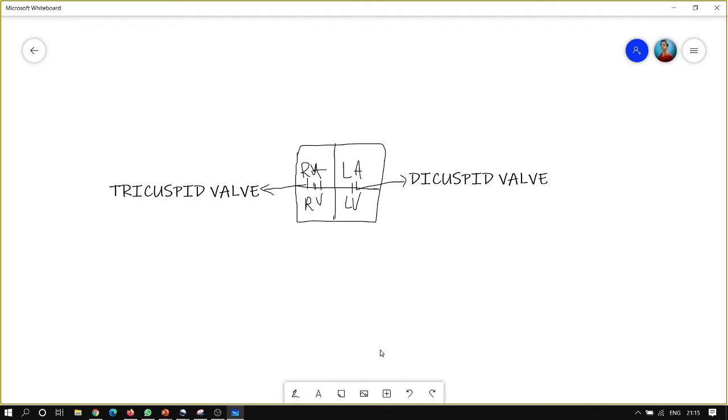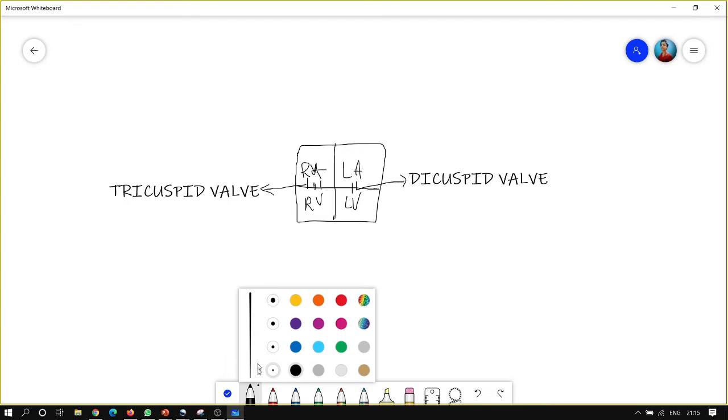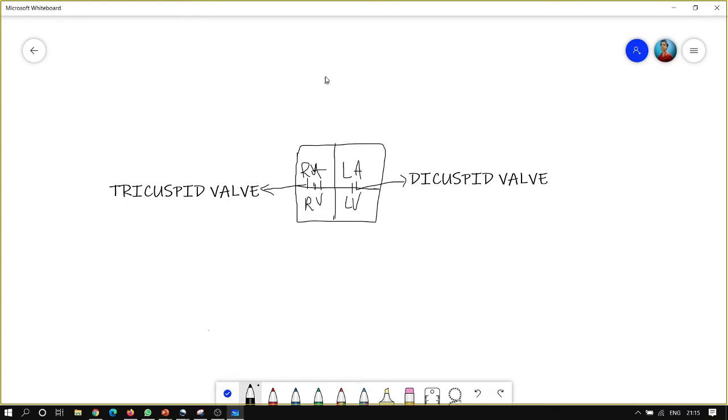Then coming to the flow of oxygen, let me just draw it. If this is the lungs, let's just write this as lungs. There is a pathway. So the first thing, it comes to the left atrium.